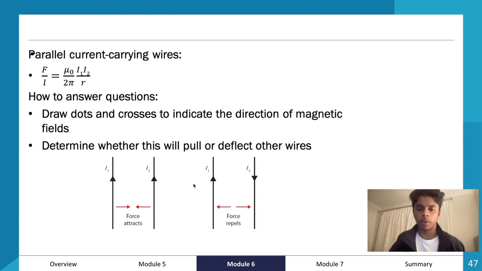I2 is to the right of I1, right? So fingers going into the page means a magnetic field going into the page is induced on I2. Then to calculate the direction of the force, I will point my four fingers into the page, my thumb downwards because current is flowing downwards, and I can see that my palm is facing to my right. So I have a force going to the right. So I have a force going to the left and a force going to the right.